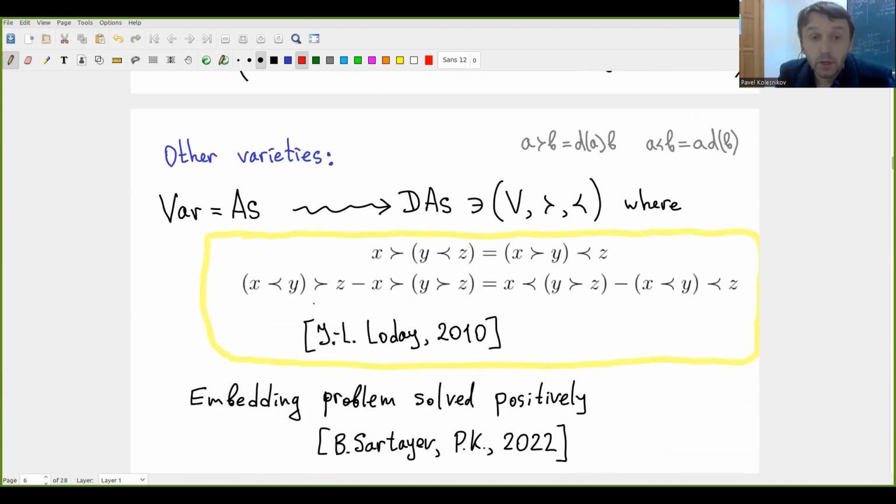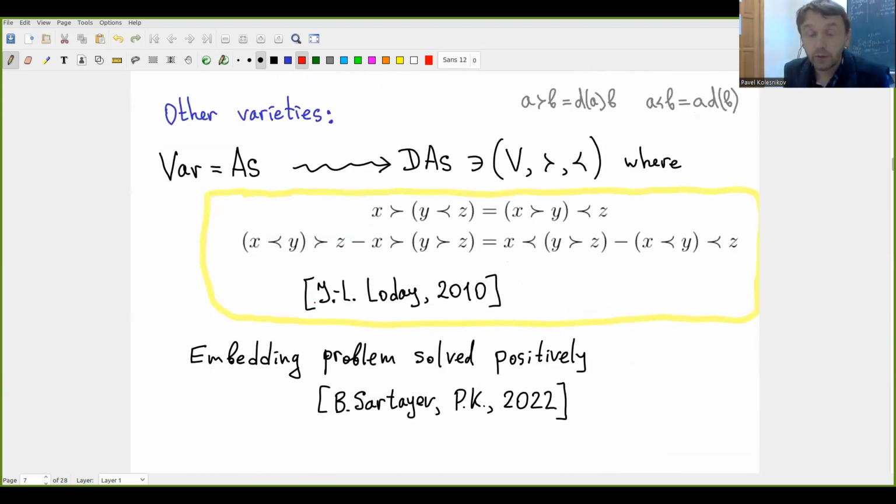Other natural varieties, for example, associative algebras. For associative algebras, we have to consider two operations because we have no symmetry for multiplication. Two operations, left and right ones. They are related by two identities that were found by Ladey in 2010.